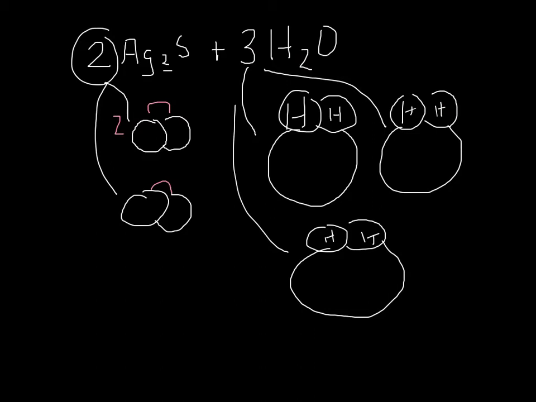So there's a big difference. Remember, the coefficient is something that we can change if we are balancing equations, but the subscript we can never change. We can never take away or add subscripts. They have to remain that.